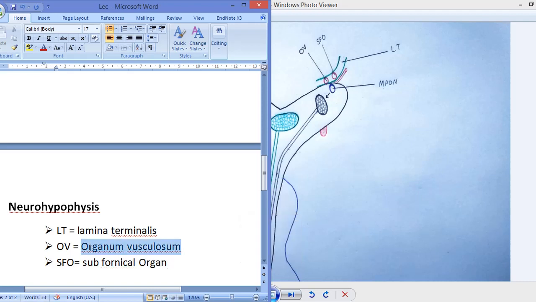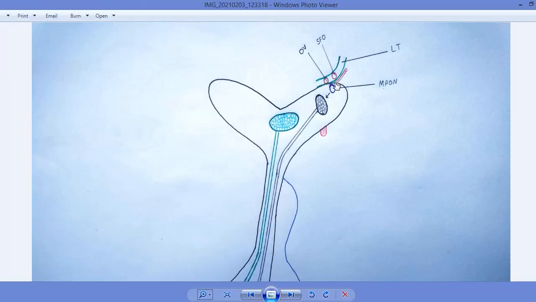So the organum vasculosum and the subfornical organ contain a large number of cells, and each of these cells is called an osmoreceptor. We can also see over here a blood vessel, a capillary, and this capillary is in contact with this lamina terminalis and these two types of collections of cells.